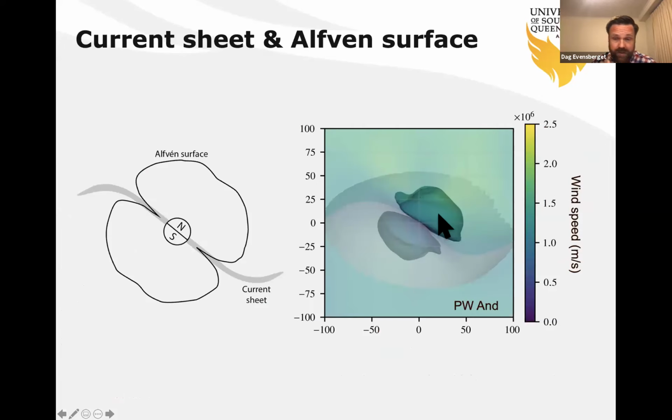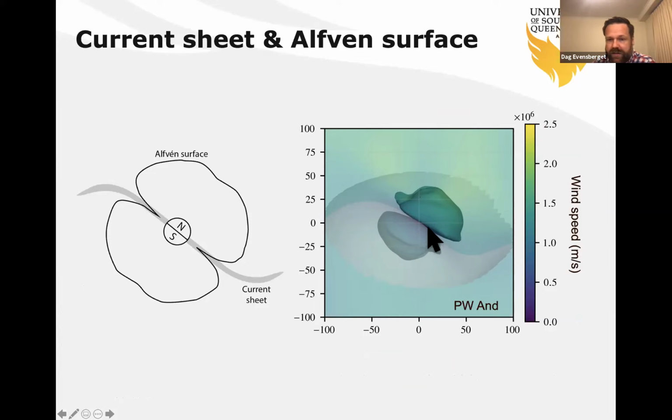Here's an example of an image from after I have run the MHD simulation. The background here is the wind speed, just in meters per second. We also see two features that are kind of classic to draw in this field. The Alfven surface is this sort of two-lobed shape here.